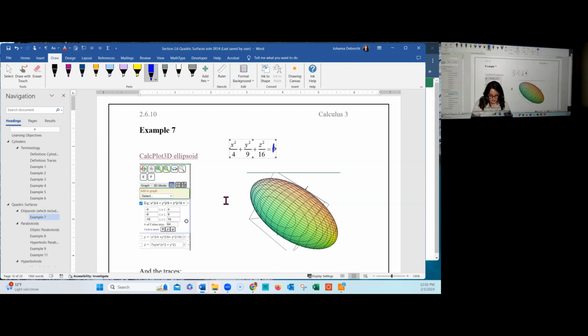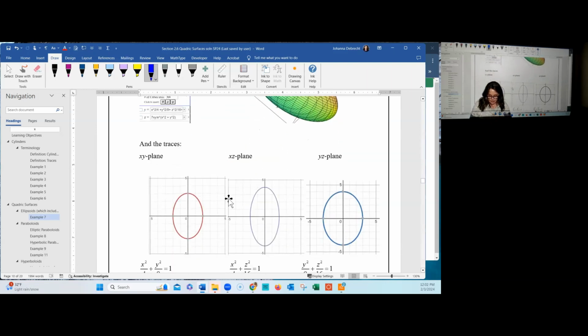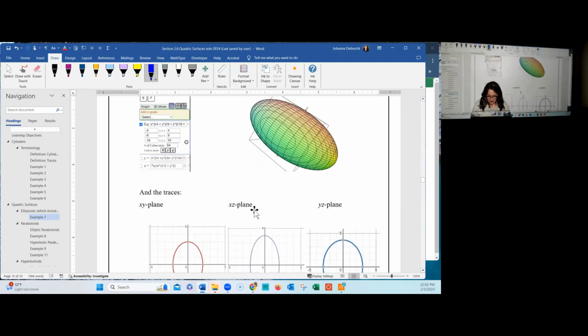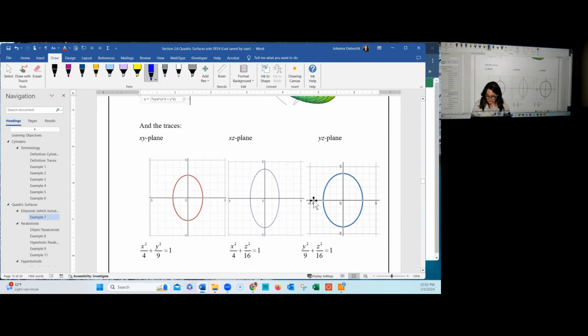Now, if I want to take a look at what the trace would look like in the XZ plane, then y is 0, so that would go out. So it still goes between -2 and 2 on the x-axis, but now between -4 and 4 on the z-axis. And you can see this one right here. Now let's take a look over here.